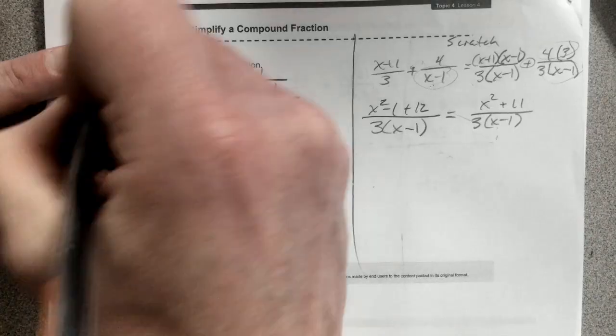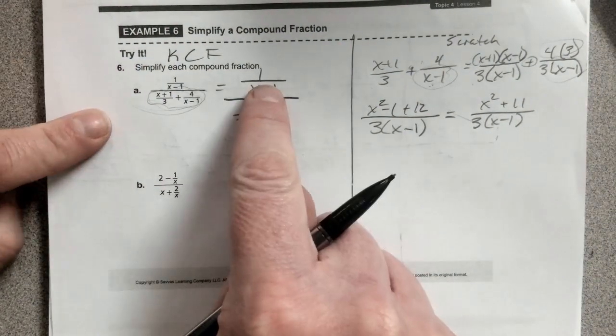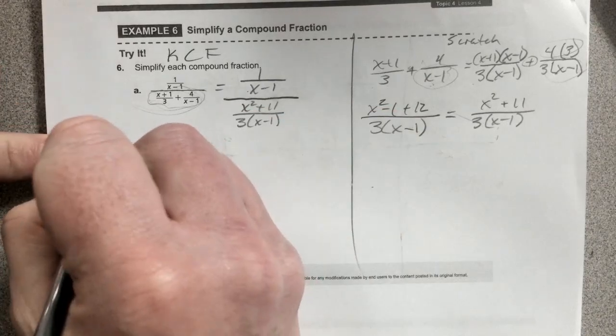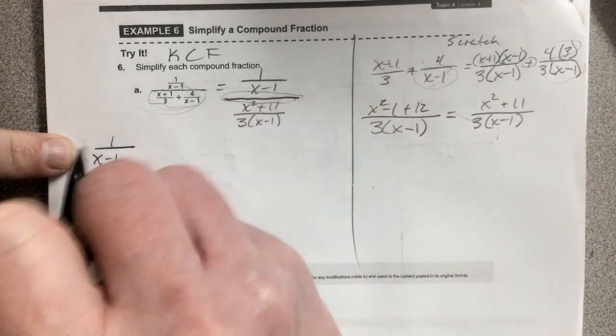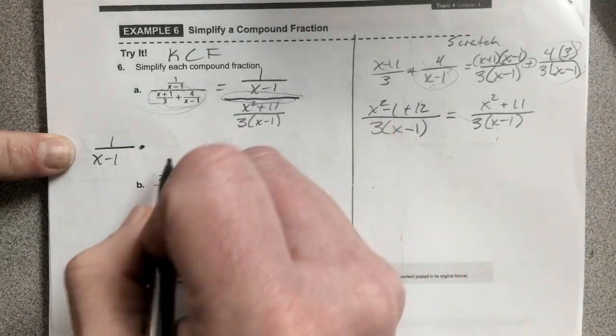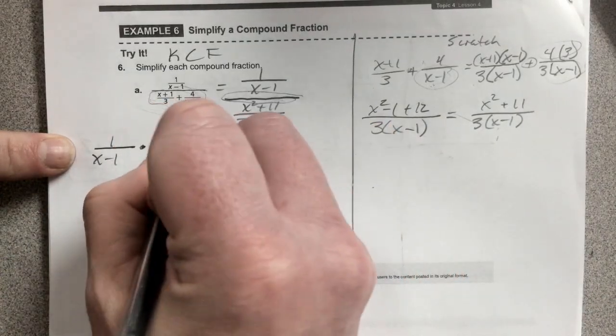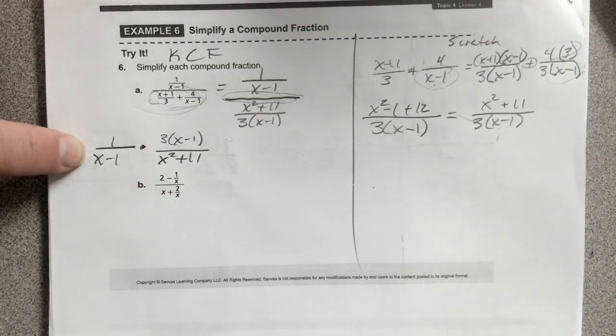And now we get to keep, change, flip. Alright, so we keep the numerator the same, 1 over x minus 1. We change from division to multiplication, and we flip the bottom one: 3 times x minus 1 over x squared plus 11.